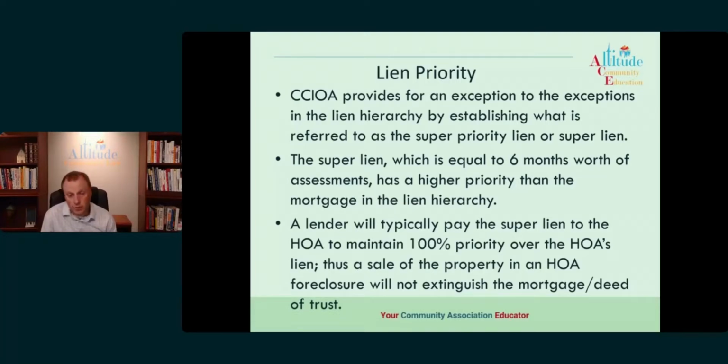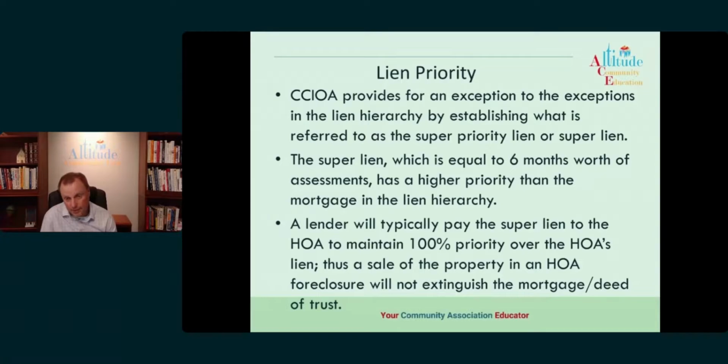So typically when an investor comes in, they are going to be talking to the first mortgage and trying to work out some type of a payoff, because it's in their best interest to try and get the property free and clear. So they want to work as best as they can with that mortgagee to make sure they can clear it up.